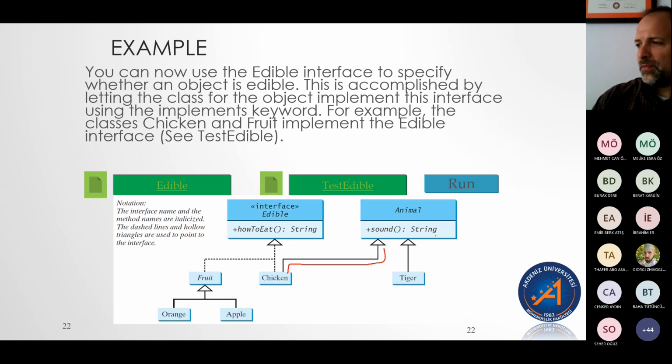So all common traits that animals have, we're going to have them as part of this abstract class Animal. So all animals make a sound. Maybe not all, but you get the idea. So we're going to say that animals in our system all make a sound. A chicken makes a sound, a tiger makes a sound.